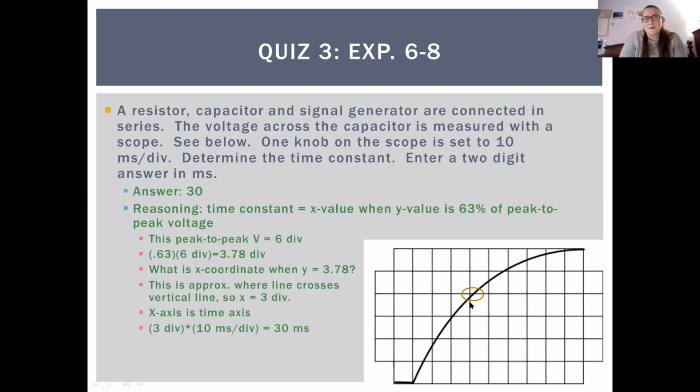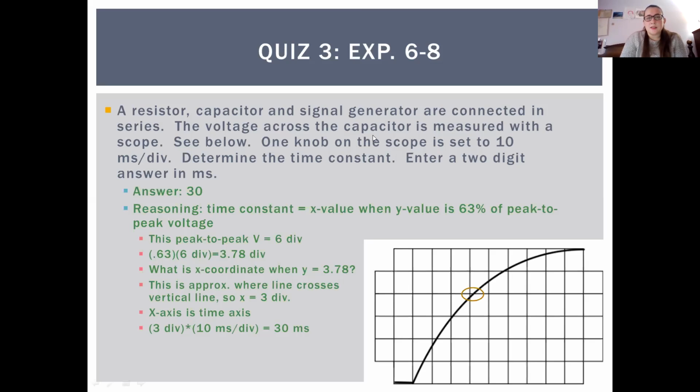If you remember, reading an oscilloscope screen is notoriously difficult because it's so inaccurate, so there is a little wiggle room in these answers. I just took it to be where it crosses that line for simplicity's sake. We want the x value when the y value is 3.78, and that would be 3 divisions over from our peak down here. So x is 3 divisions.